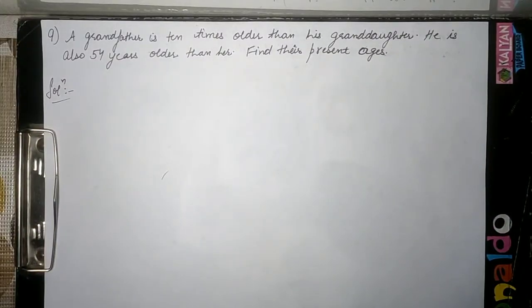Question number 9. A grandfather is 10 times older than his granddaughter. He is also 54 years older than her. Find their present ages.